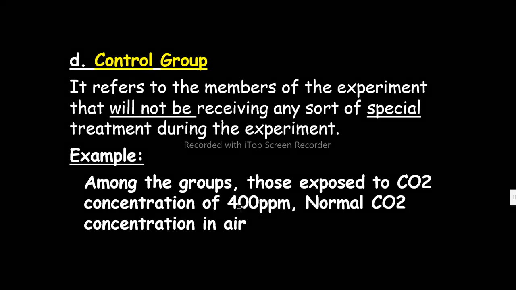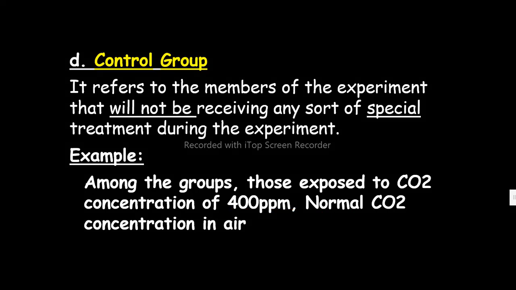It ranges from 400 to 600 parts per million, depending on the environment, maybe the altitude, maybe the levels of pollution, and stuff like that. But the normal ranges from 400 to 600. So the group subjected to that normal concentration is going to be the control group, to which other changes will be referred.